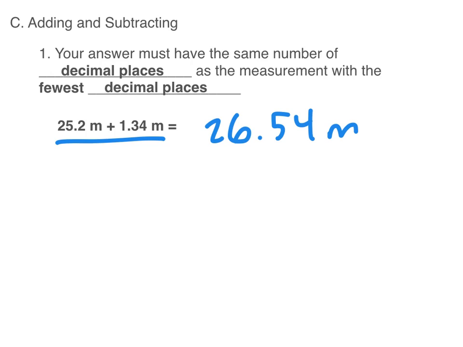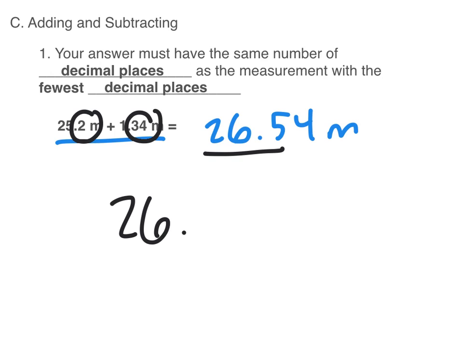Now you might think, hey, how can my calculator lie to me? It's because this is not following the rule for when you add and subtract numbers. My answer has to have the same amount as the fewest. So this has 1 decimal place. This has 2 decimal places. I only need 1 decimal place in my answer. The actual correct answer is 26.5 meters.